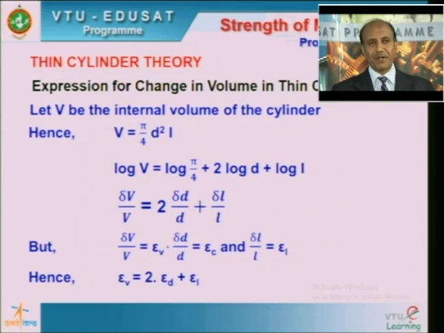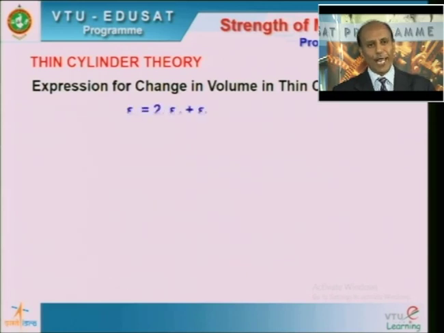Now we have an expression which connects the circumferential strain with the longitudinal strain. That means the volumetric strain is equated to 2 times the circumferential strain plus the longitudinal strain.